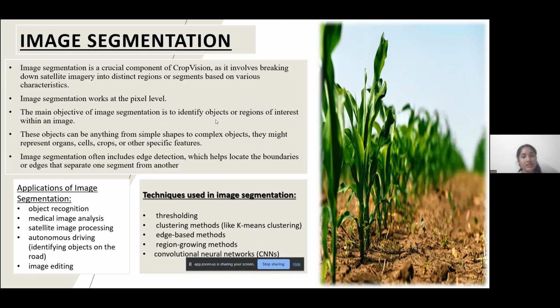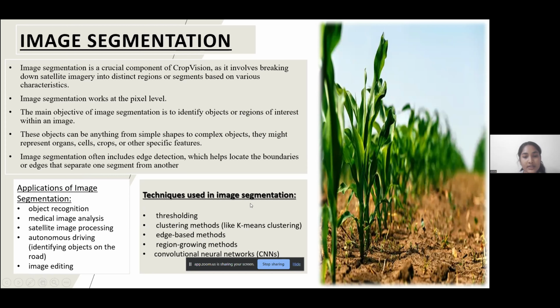Image segmentation often includes edge detection, which helps locate boundaries or edges that separate one segment from another. These are the applications of image segmentation: object recognition, medical image analysis, satellite image processing, autonomous driving, and image editing.